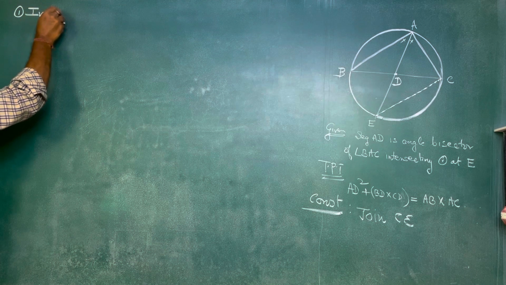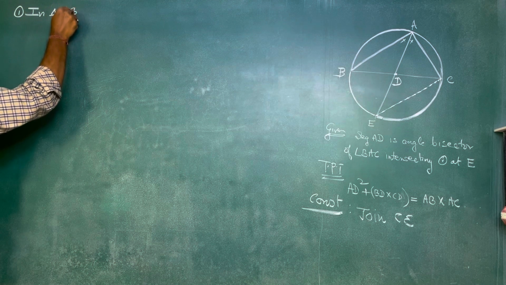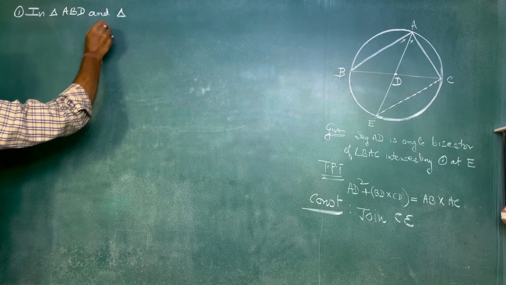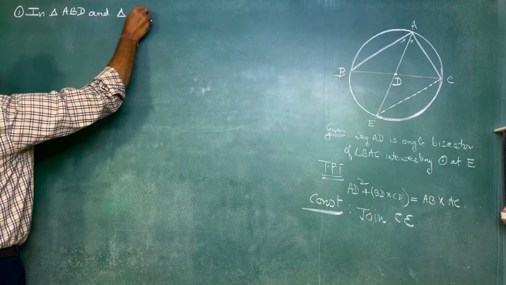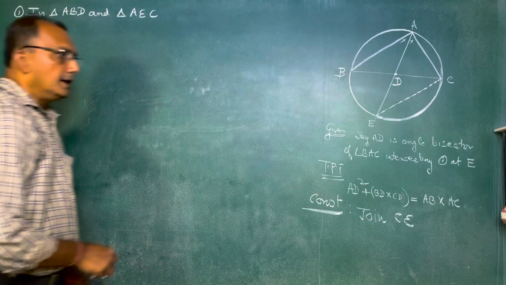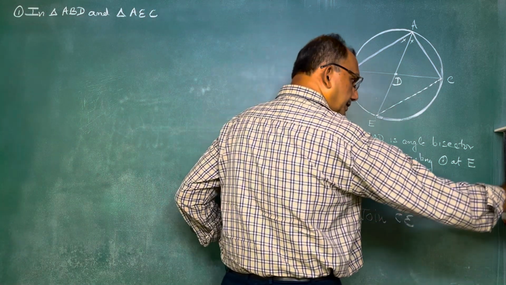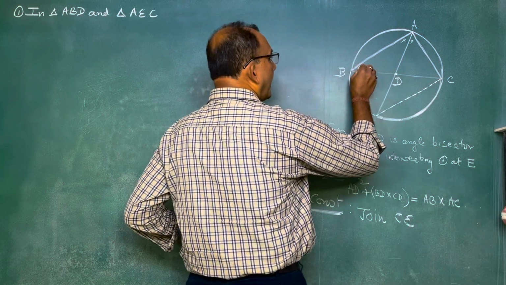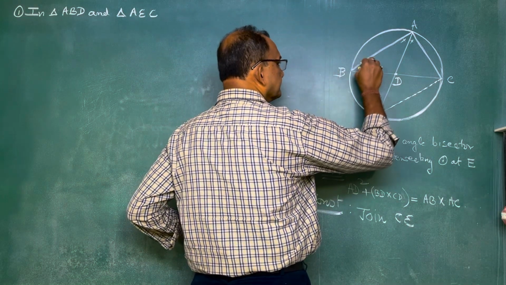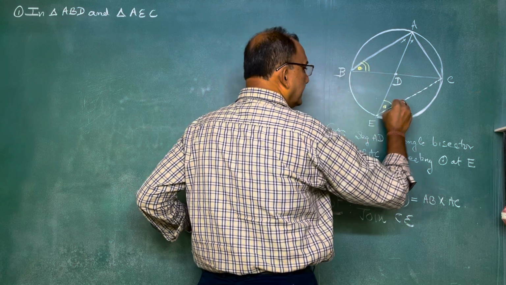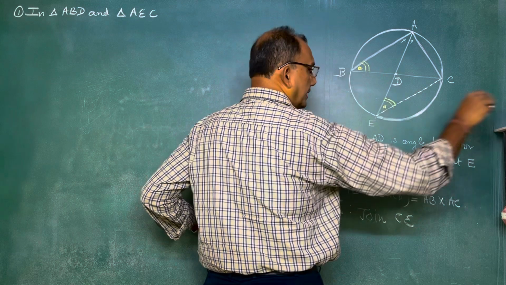In triangle ABD and triangle AEC, if you observe these triangles, we have angle B here, which will become congruent with angle E. Can anyone tell?